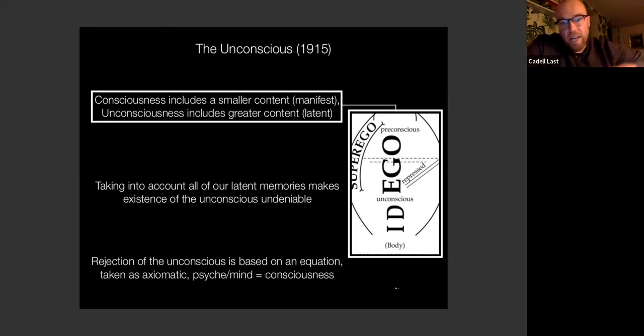Taking into account all of our latent memories makes the existence of the unconscious undeniable, namely that our psyche includes an enormous amount of memories of our past, which are almost never completely conscious, and yet are still a part of our psyche, and even still exerting efficacy on our consciousness through the preconscious systems.